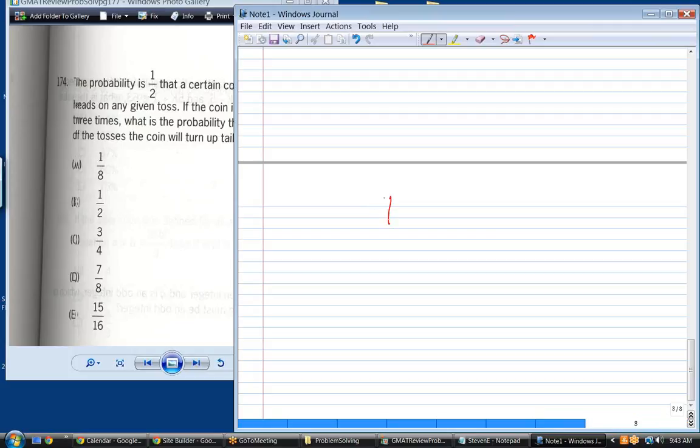Well, I can do that, because exactly tails would be tails, heads, heads, tails, heads, tails. No, excuse me. It's not that hard to write them all out, actually.